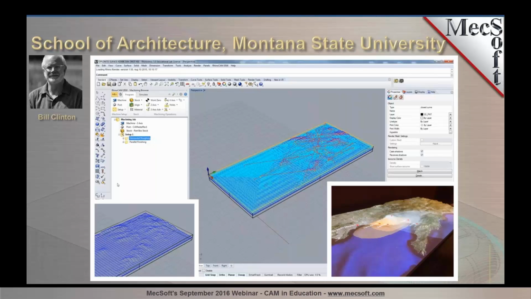This was a really interesting collaboration. We had students who were geology students who knew everything about geology but knew nothing about CNC, and we had vice versa. Our students could run the CNC machine and understand how to do that, but they didn't know anything about geology.